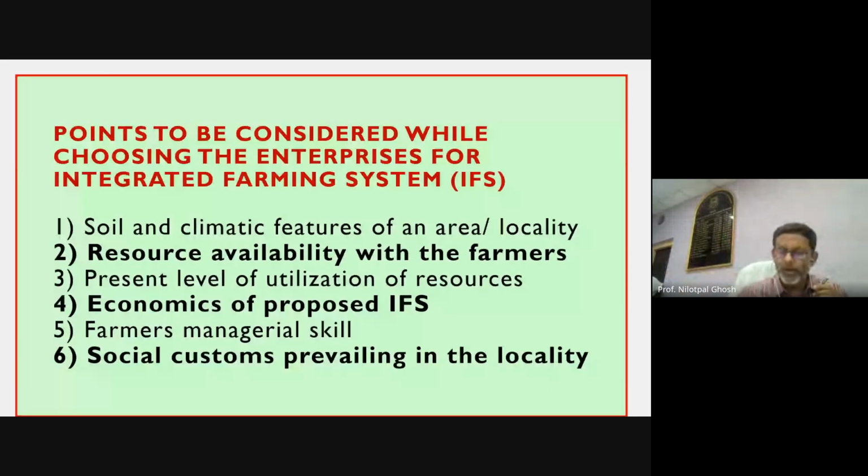We have to see, and then only we can integrate. Economics of the proposed integrated farming system is to be worked out. Farmers' managerial skill is very important, and the social customs prevailing in the locality. These are the points of consideration.